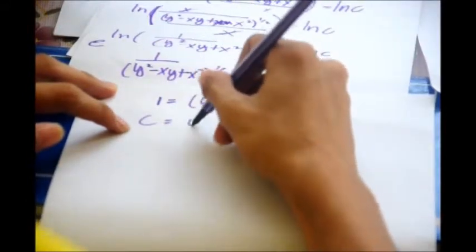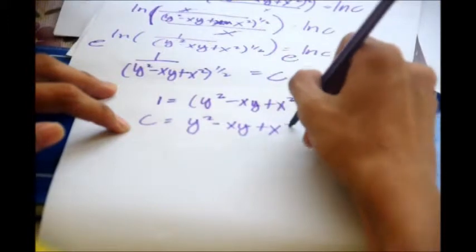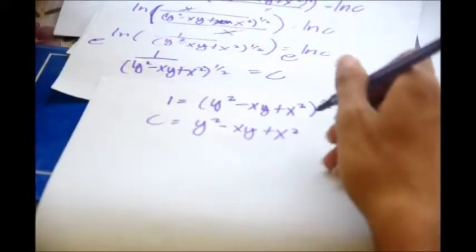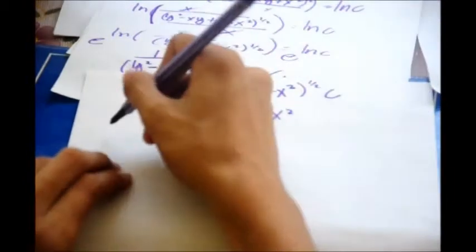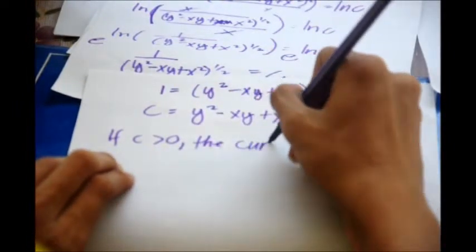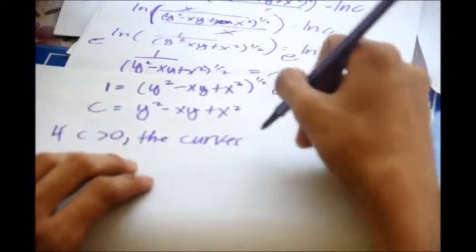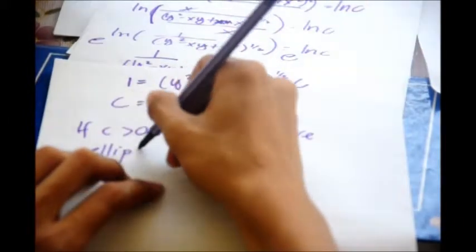Plus c equals y squared minus xy plus x squared. We are asked to discuss the family of integral curves. So the family of integral curves is that if c is greater than 0, the curves are elliptic.